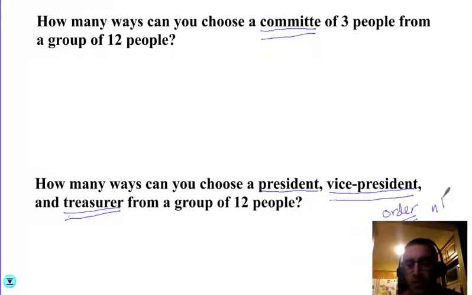So it's nPr on the bottom. When you choose a committee, there is no order. You just need 3 people. Therefore, it's a combination.